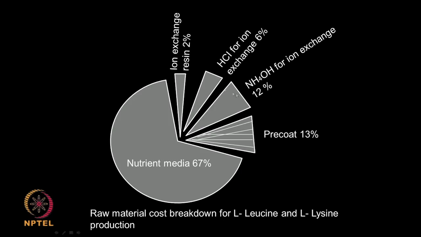So, almost 20% of your raw material cost in the manufacture of leucine and lysine is because of the components used in the ion exchange chromatography. So, if I can reduce the amount of various raw materials used in the chromatography, I will be able to reduce the raw material cost.